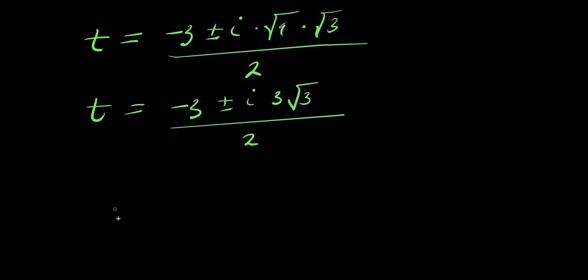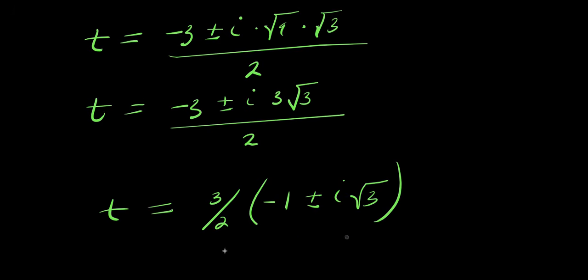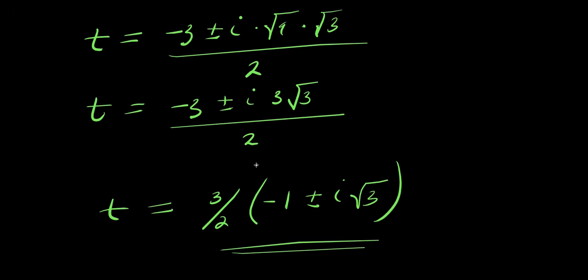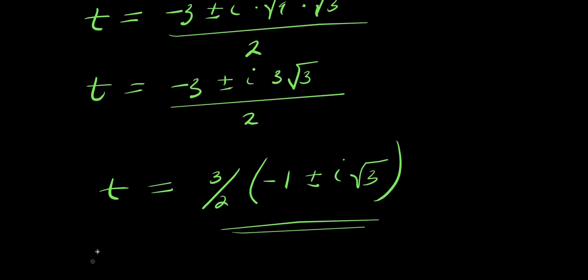So from here, I can easily factor out 3 over 2, of negative 1 plus or minus i root 3. So we have two values for t. I can easily have t2 equals 3 over 2 of negative 1 plus i root 3.